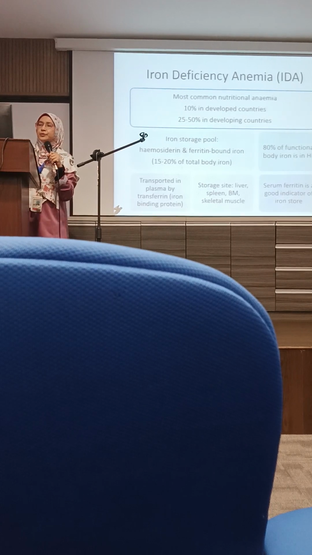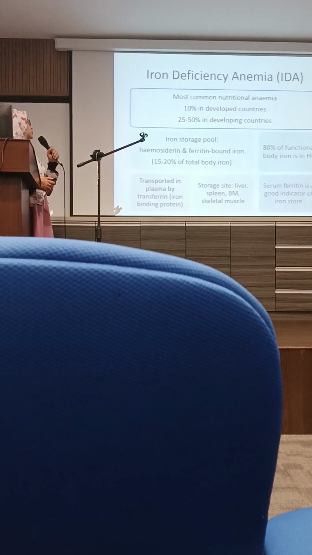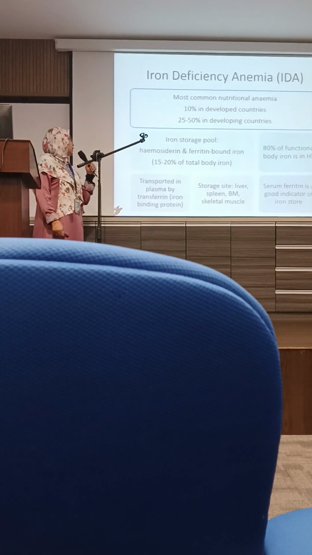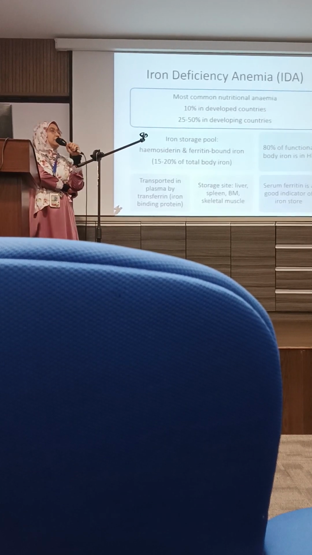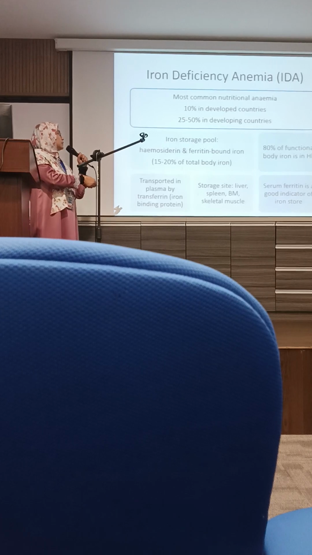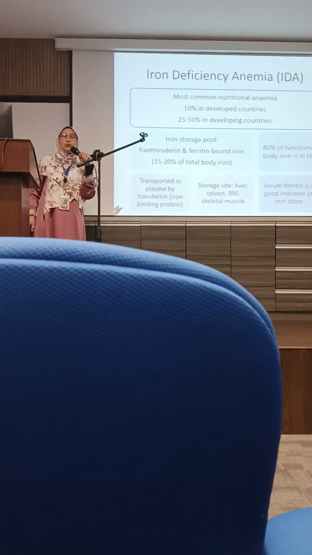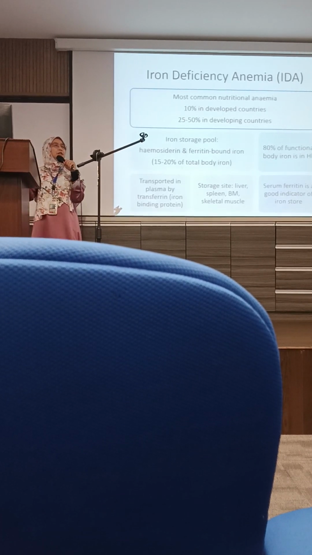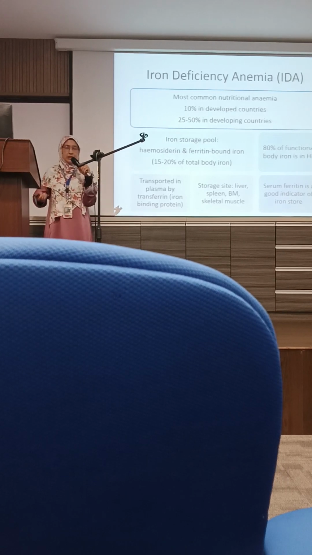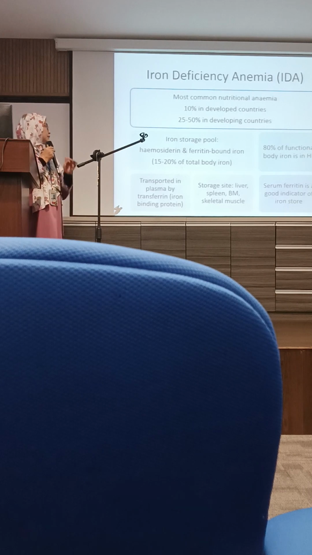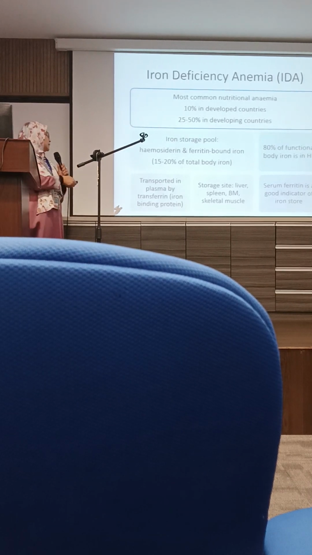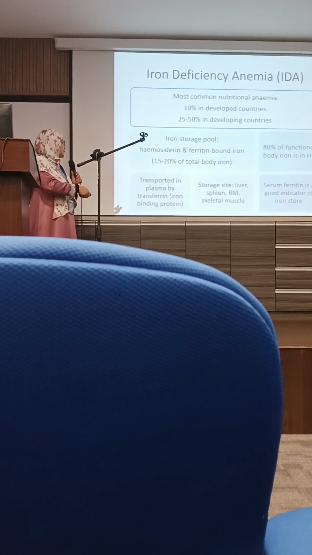And the iron storage pool is usually in the form of hemosiderin and ferritin bound iron. It's about 15 to 25% of the total body iron. And about 80% of the functional body iron is in the hemoglobin. We also have iron in myoglobin and other functions, but mostly it is in the hemoglobin. So iron is transported in plasma by a protein called transferrin.